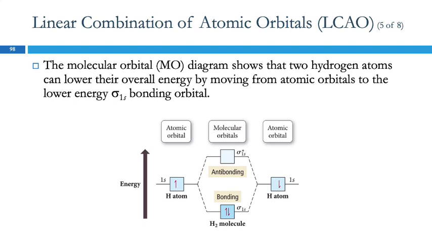So we can make a diagram called a molecular orbital diagram. Here is the orbital diagram for just a regular hydrogen atom. So 1s orbital with one electron in it. And over here's the other hydrogen atom, 1s with an electron in it. And when we combine these, we get one bonding orbital and one antibonding orbital. The bonding orbital is lower in energy, the antibonding is higher in energy. Notice here we're not drawing shapes, we're just using little boxes, okay?